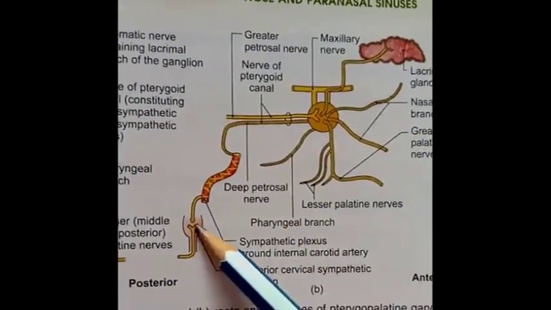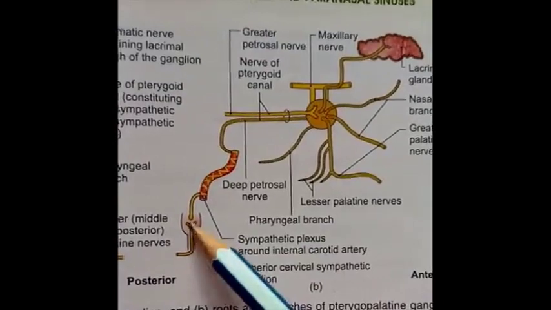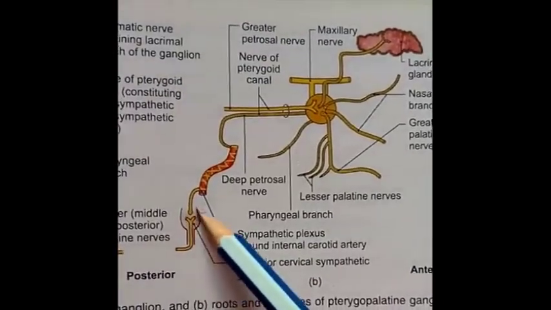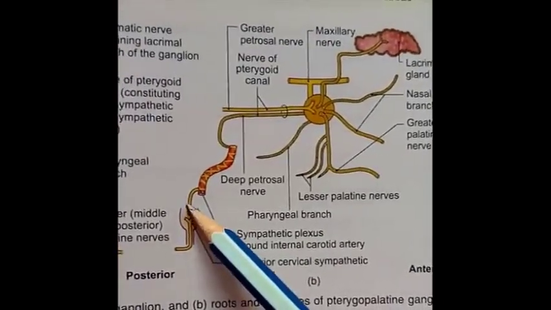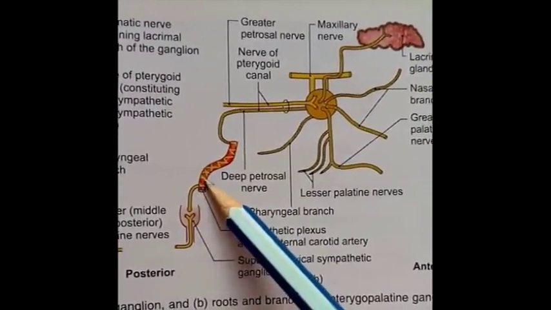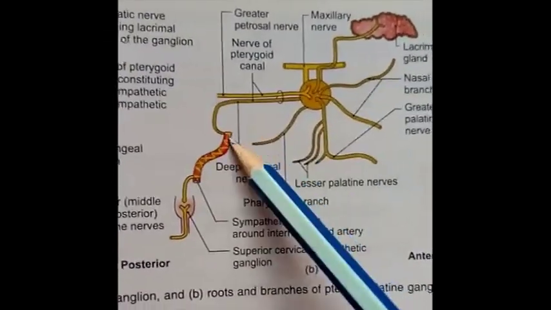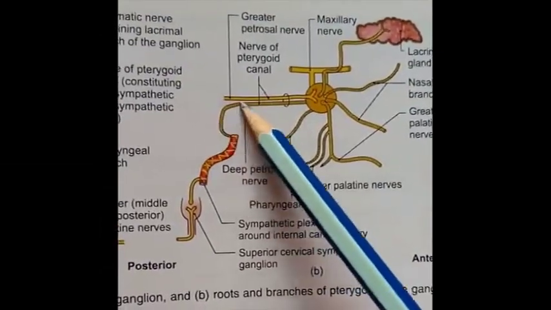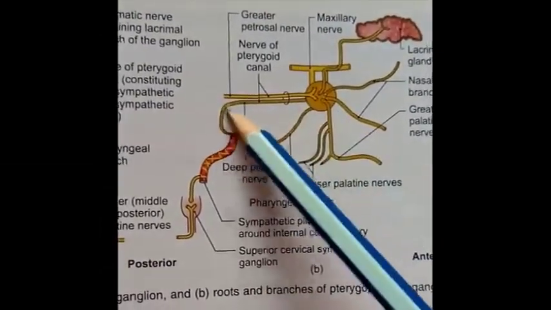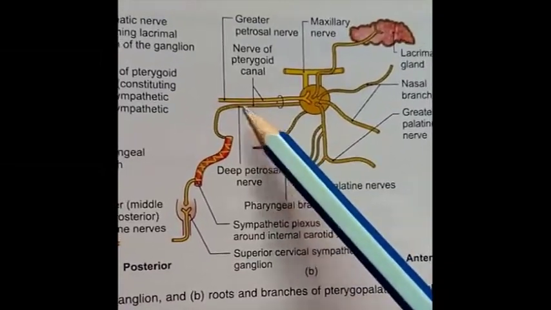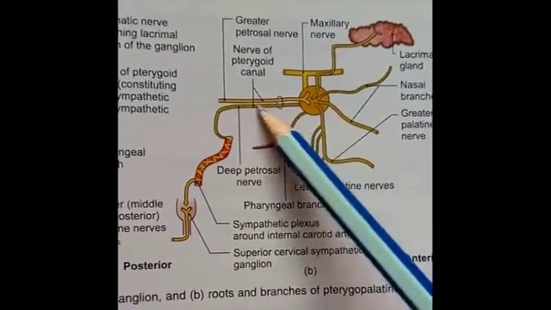The postganglionic fibers arising from the superior cervical sympathetic ganglion pass through the internal carotid plexus present over the internal carotid artery, then pass through the deep petrosal nerve, and then through the nerve of pterygoid canal.